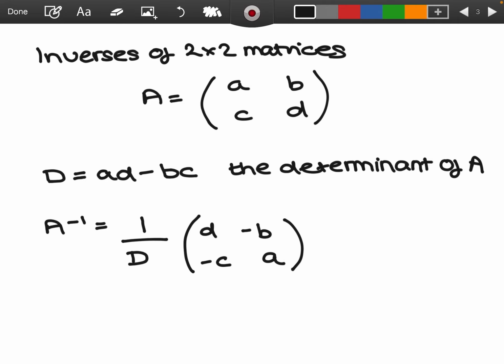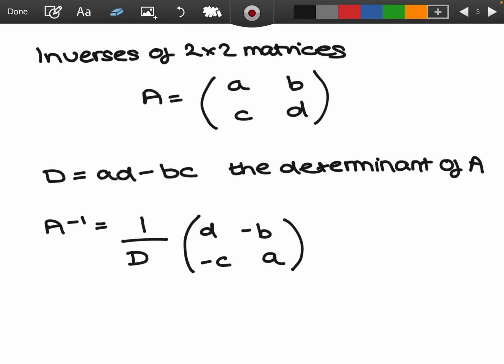You can go ahead and find that value D. And then 1 divided by D multiplied by this matrix where I've switched where a and d are from my original matrix. And whatever b and c were, I've made them the negatives of what they were. So I changed the signs of b and c in my matrix, and that gives me A inverse.